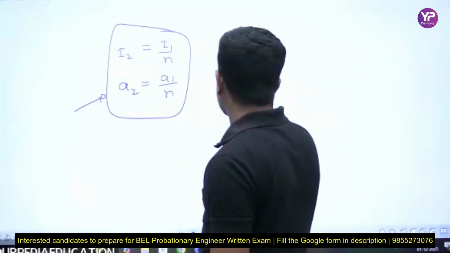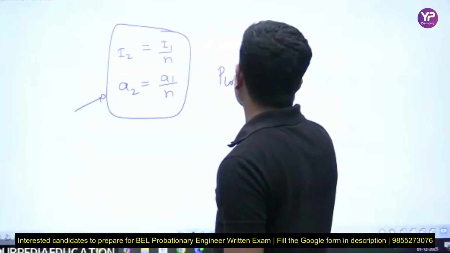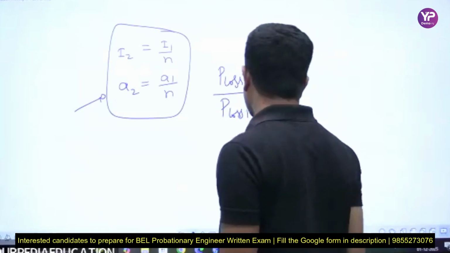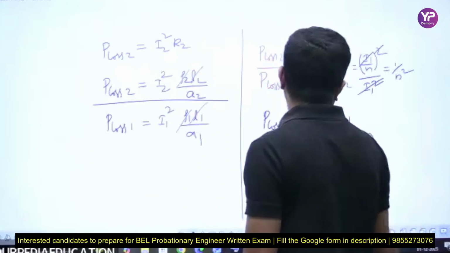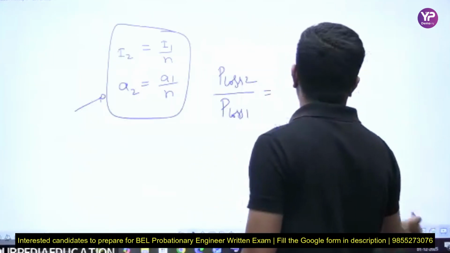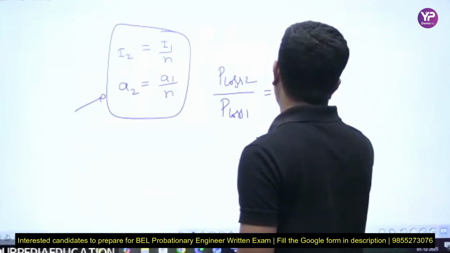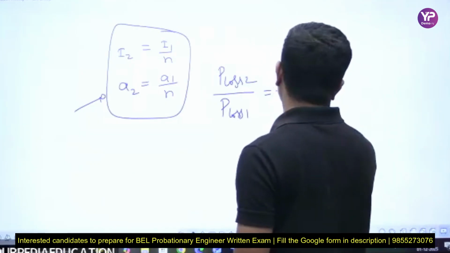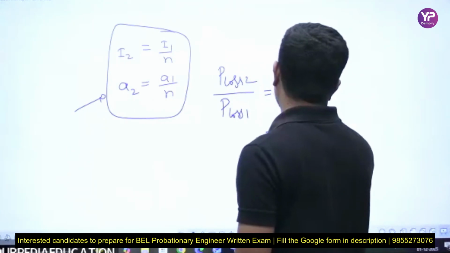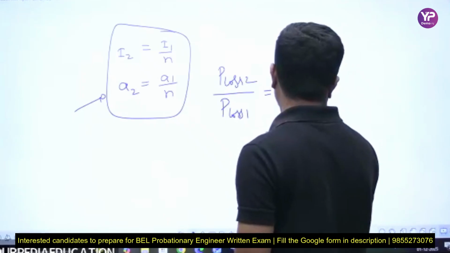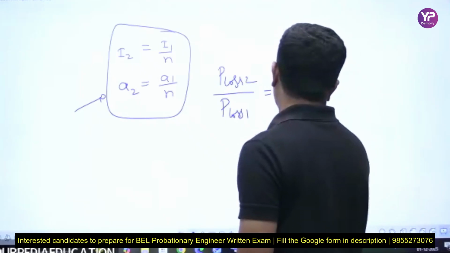Therefore, power loss 2 by power loss 1 is I2 square A1 by I1 square A2. That equals I1 square by n square into A1, over I1 square into A2.